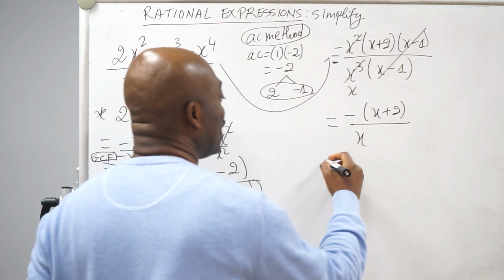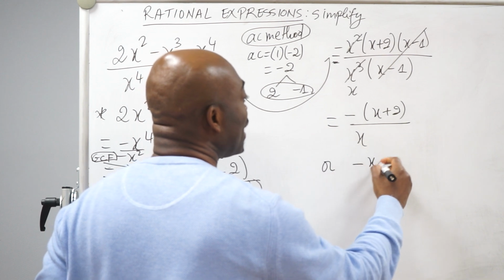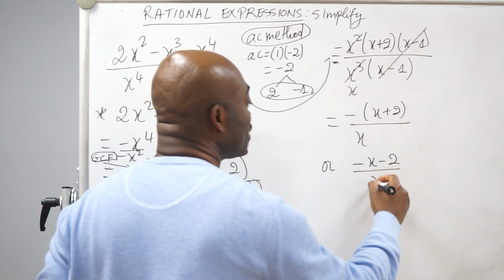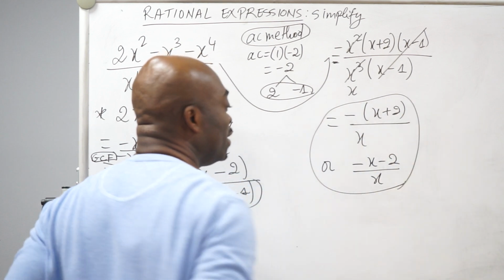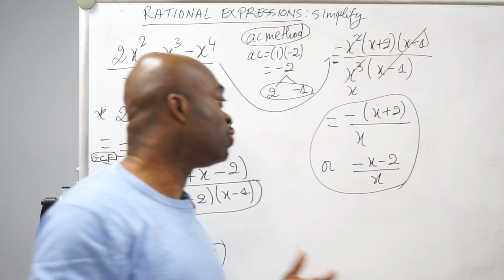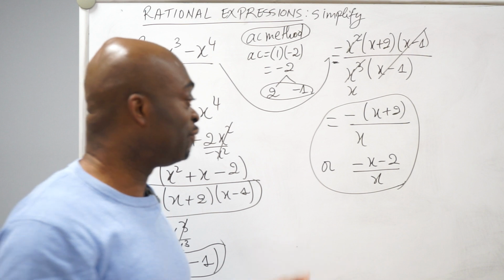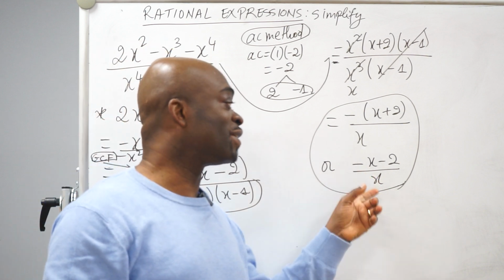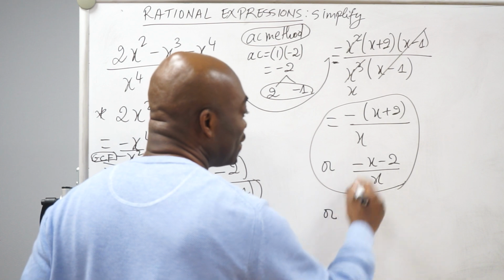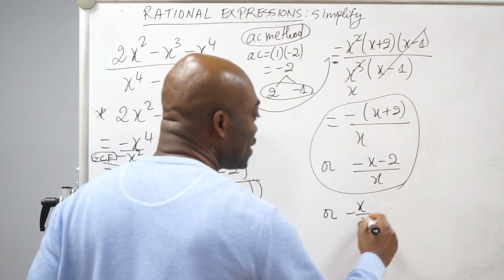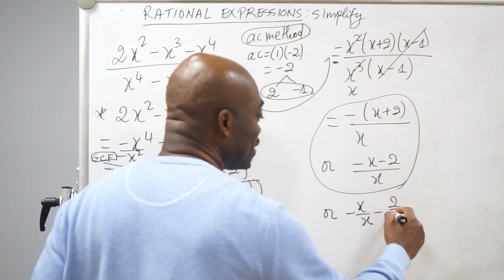Somebody can also write this as negative x minus 2 over x, and keep that as the final answer. Or somebody can go a little further and simplify it as well. Somebody could also have negative x over x minus 2 over x.